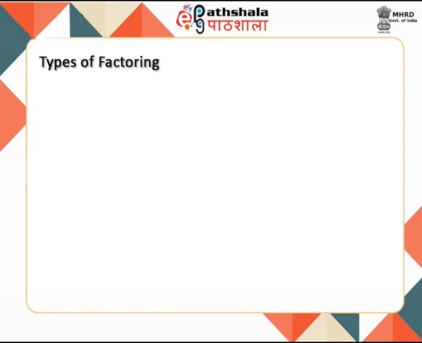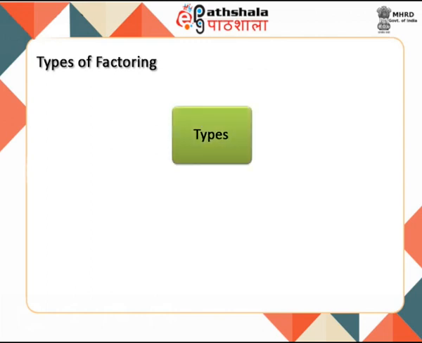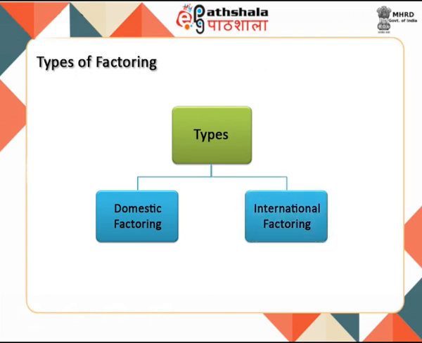We shall now proceed to the types of factoring. There are mainly two types of factoring arrangements. The first is domestic factoring. In case the parties are in the same country, it is called domestic factoring. The second is international factoring. When the factoring arrangement is between exporters and importers, it is known as international factoring.